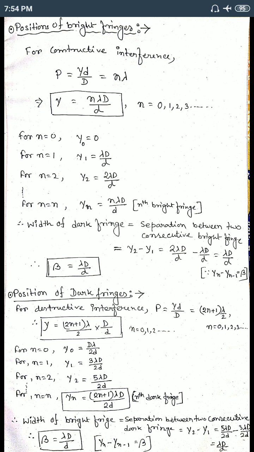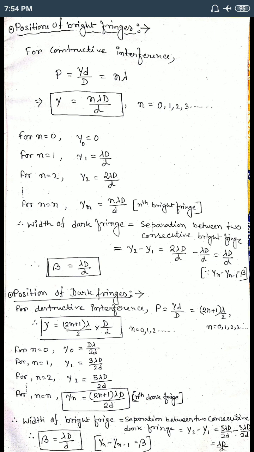Now if we put n equals 0, for the bright fringe we got y0 equals 0, but here y0 equals λD by 2d. This would be a central dark fringe, you could say, but actually it is not possible. At the center the intensity is maximum, so we do not get a dark fringe at the center.